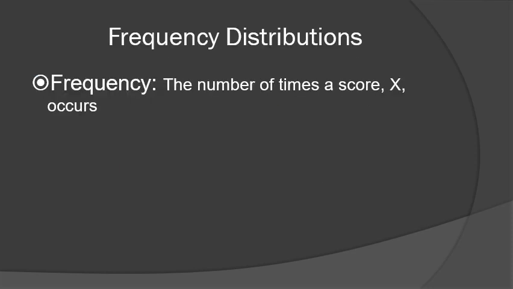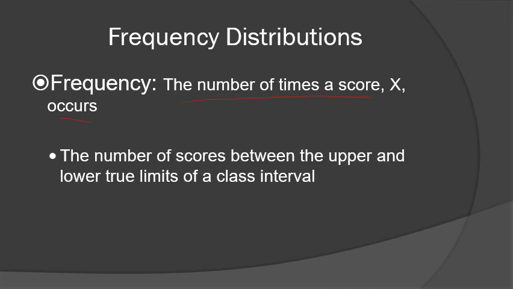So the next thing we're going to talk about in this set of slides, and it's pretty much the thing we're going to talk about until the end, is frequency distributions. Frequency distributions are basically a distribution of frequencies or of occurrences, so the number of times a score occurs. You're going to take these values and have an x value.